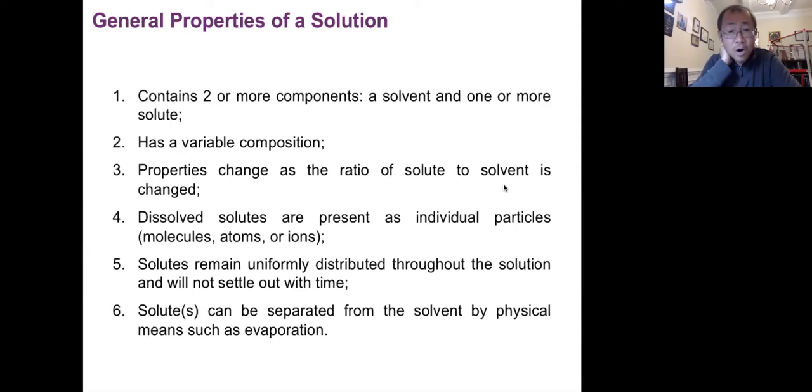This is one of the most important properties of a mixture. As a matter of fact, the reason we define something as a mixture is that it has variable composition. What does it mean? For example, if you're making coffee. Coffee is not technically a solution, but let's assume it is.